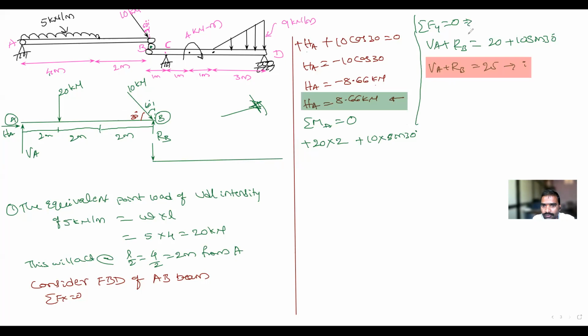Look here, VA is moving upward plus RB. RB is also moving in the upward direction, correct? Then minus 20 minus 10 sin 30 is equal to 0. I have transferred that 20 to the right hand side, and minus 10 sin 30 to the other side of the equal sign.